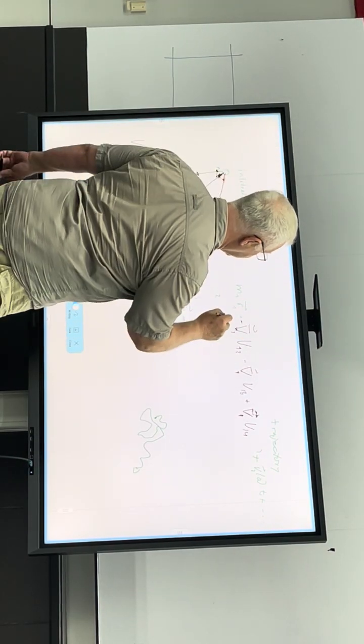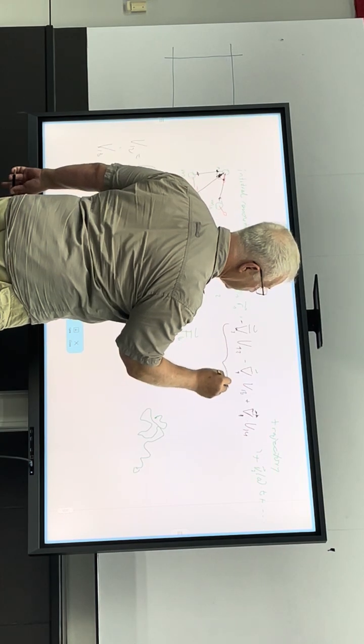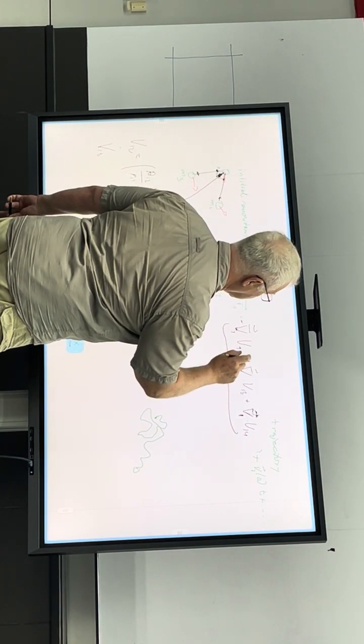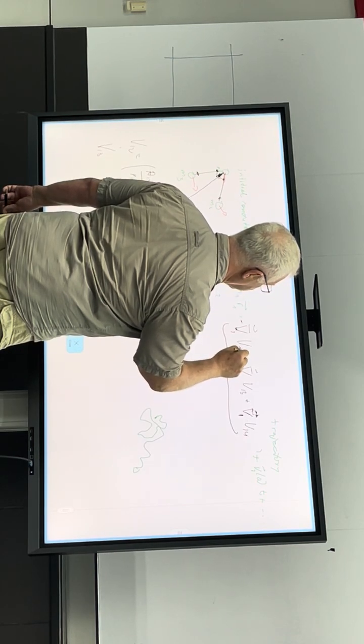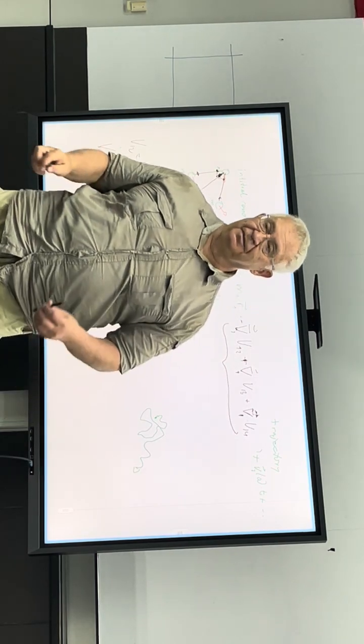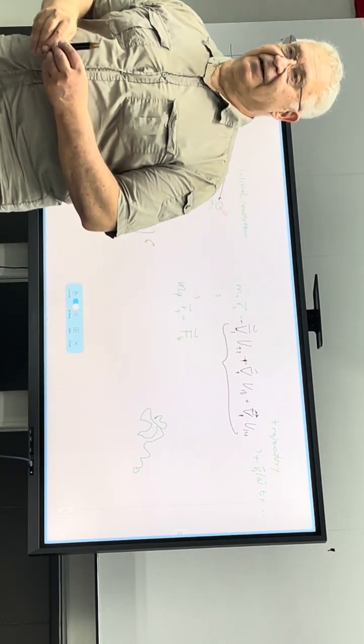So this is adding the forces, right? The force from particle 2 and the force from particle 3. Why did I say minus here? Of course it's plus the force coming from particle 4. Okay?